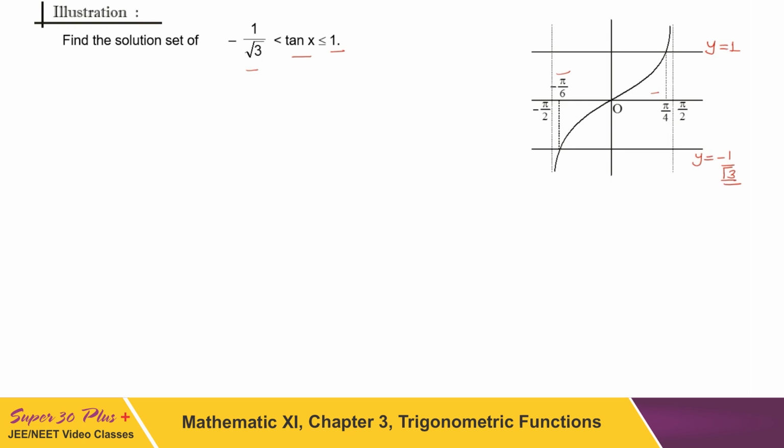We can say the solution of this inequation is x greater than minus pi by 6 and less than or equal to pi by 4. The general solution of inequality will be n pi minus pi by 6 less than x and less than or equal to n pi plus pi by 4. This is the general solution of this inequality.